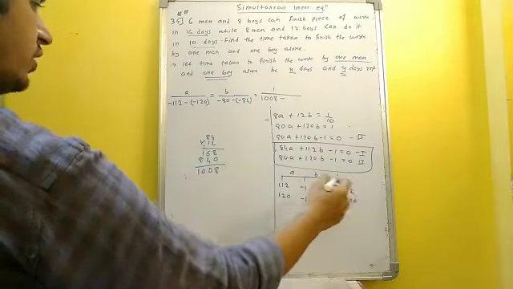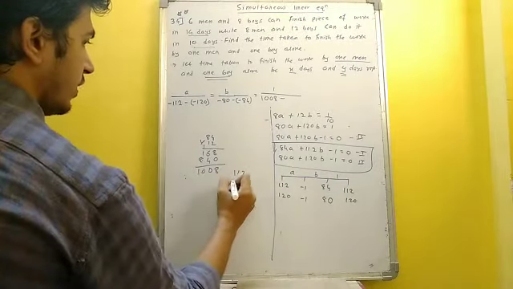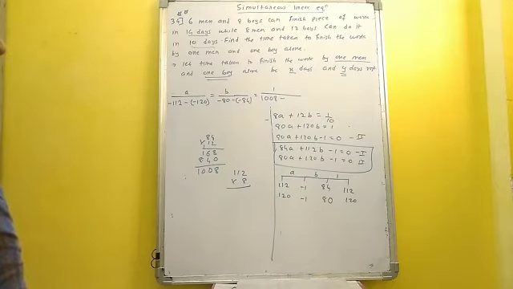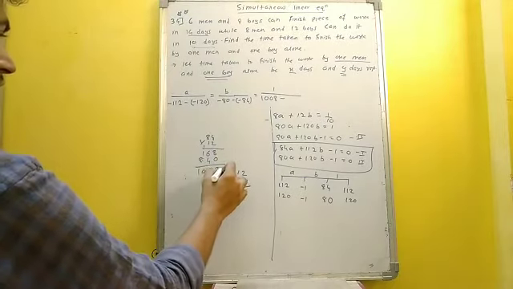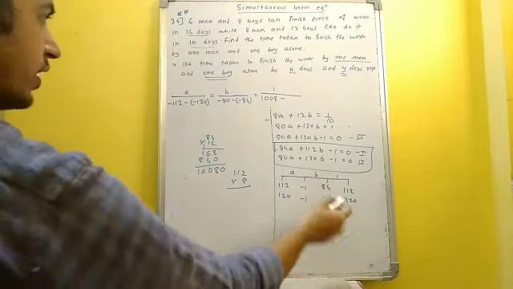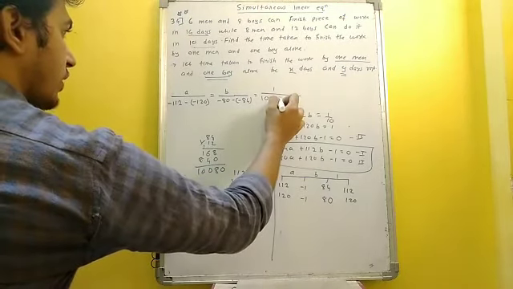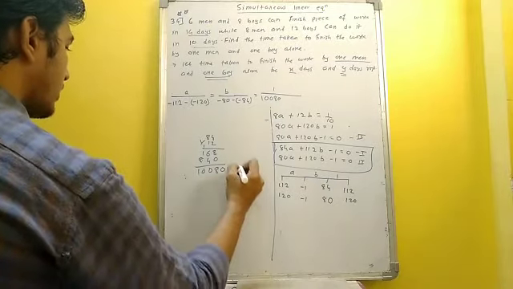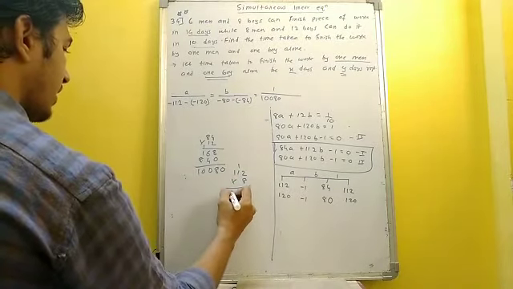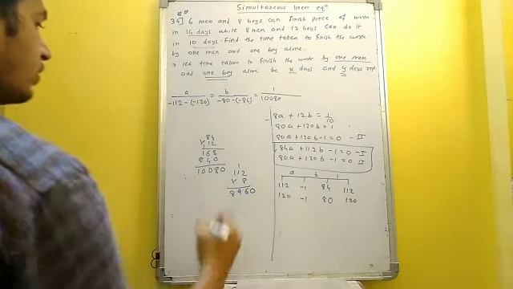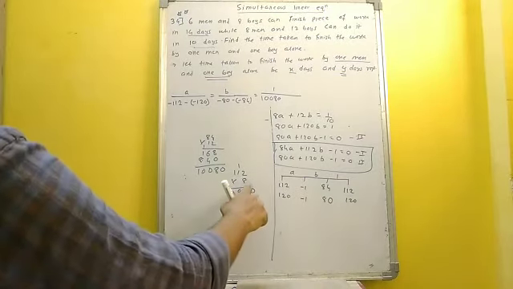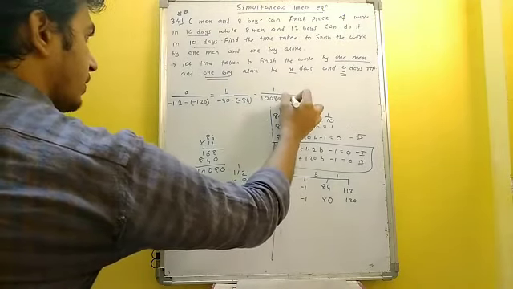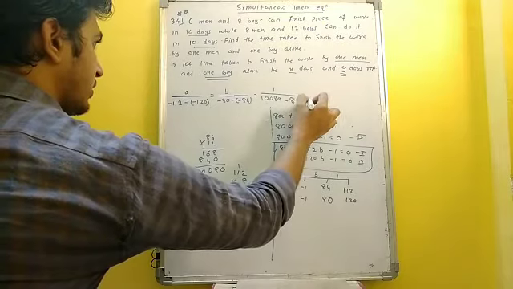Minus 112 into 80. 1008 0 it should be, right, because we have 120 over here. 1008 0 and 112 into 8, so 8 2s are 16, 8 1s are 8, 9, so minus 8960.